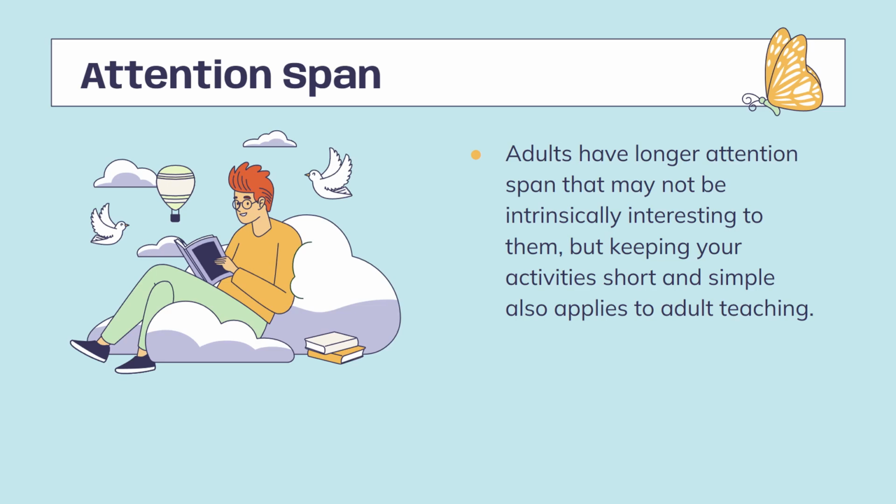Shorter activities are easier to follow, give learners a sense of progress, and help them stay motivated. They also allow teachers to include different types of tasks, which makes learning more enjoyable and keeps everyone engaged. This way, lessons remain effective and learners can focus better without feeling overwhelmed.